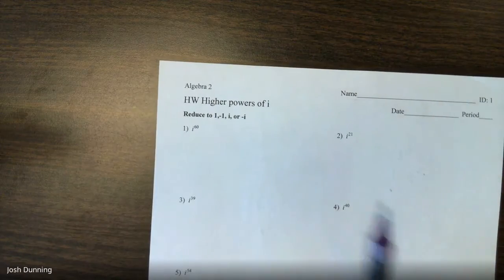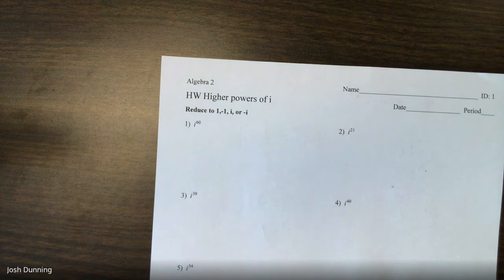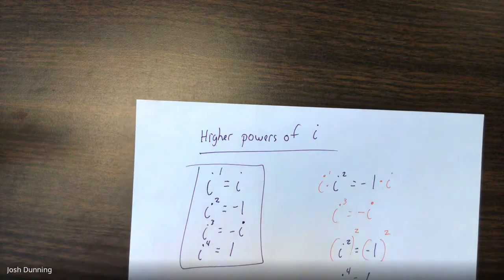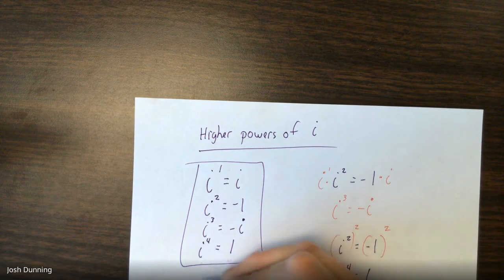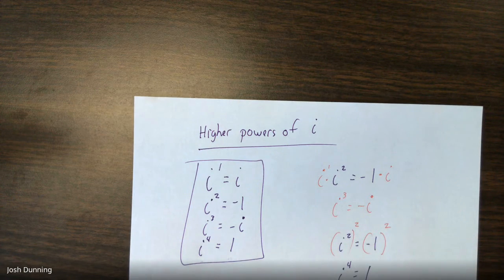So if we take a look at some higher powers: if every 4 powers of i is 1, and multiplying by 1 doesn't do anything, whatever's left over is what's going to matter. So this is the key for that, because each 4 powers don't matter. If we go beyond, it's like we're back to where we began.